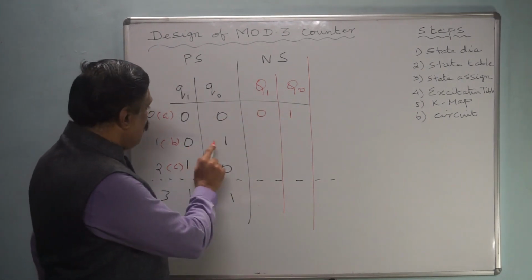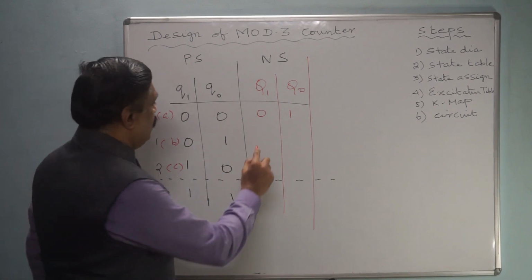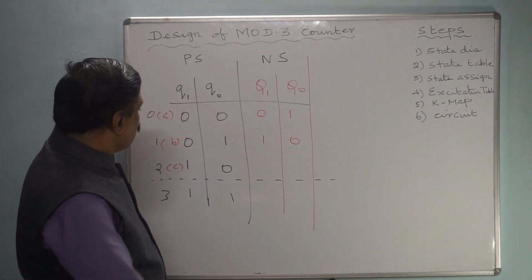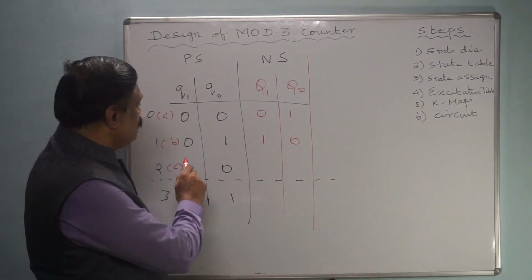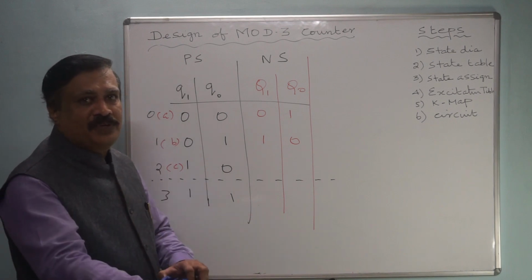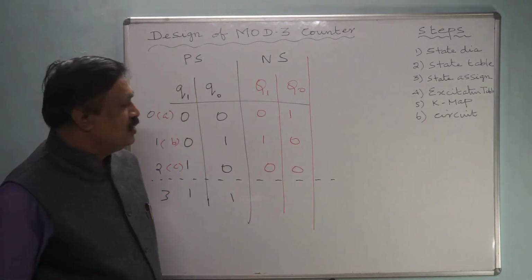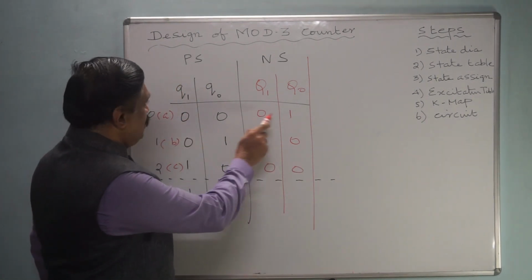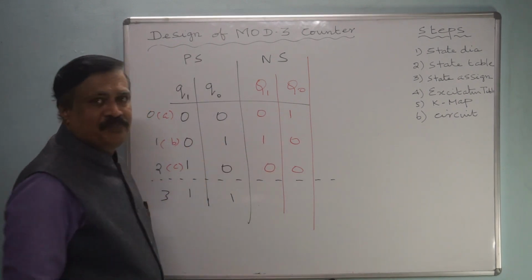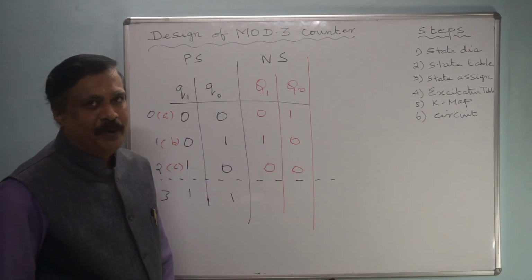When you give 01, it goes to 10, that means C. When you give 10, the present state is C, and with a clock pulse it will go to state A. Therefore A goes to B, B goes to C, C goes to A. That means present state to next state we have prepared.